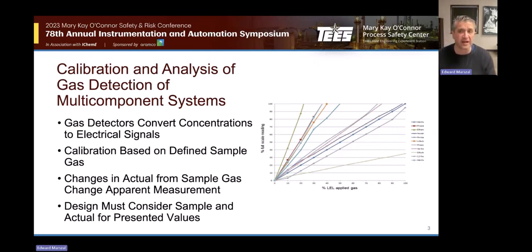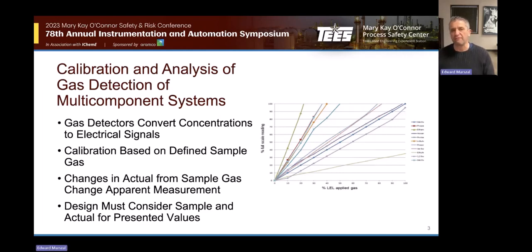So most of the time, you're going to be calibrating based on methane. Methane is a sample gas that is very frequently provided by your equipment vendors. And you can get bottles of very precisely controlled concentrations of that gas in air that you use for your calibration process.